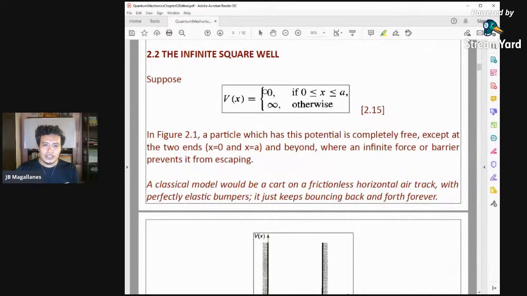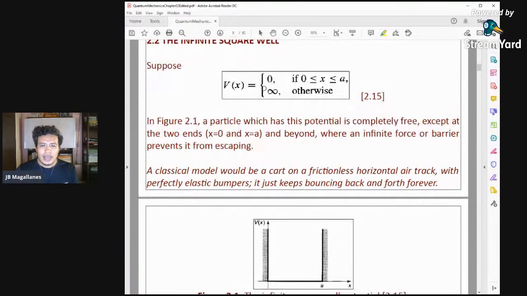The particle experiences zero potential between 0 and A. In the region less than 0, the potential is infinity, meaning it cannot go through that region. And for the region greater than A, it's also infinity. It looks like this.